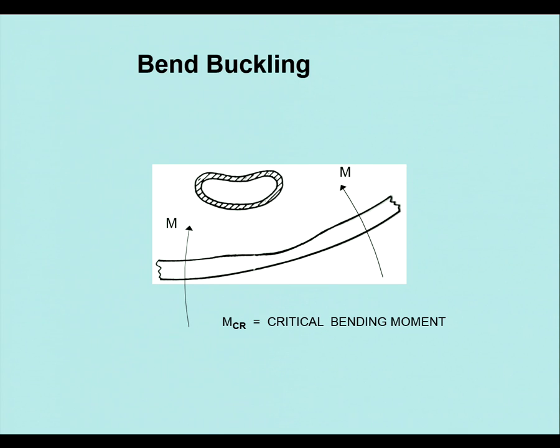So there will be a bending moment that implies that where that compression becomes so great, it'll buckle just like the plastic rule buckles. And that's called critical bending moment. So now we've got two critical conditions, a critical pressure and a critical bending moment.